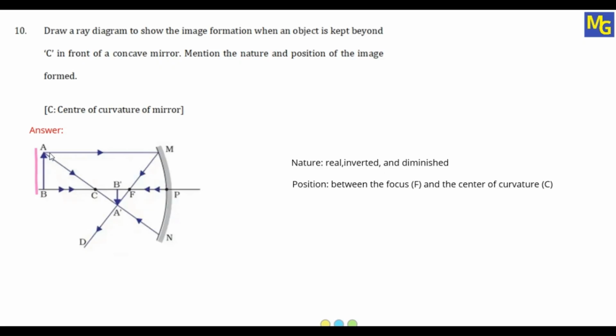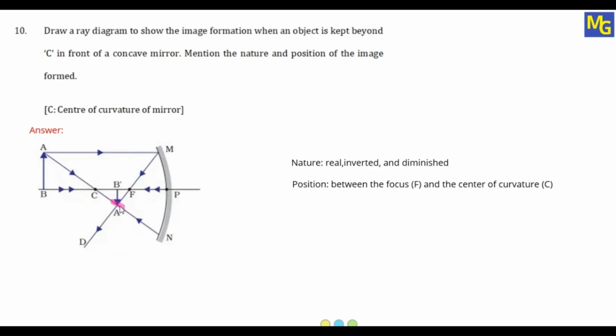The light ray which is coming parallel to the principal axis will go and hit the mirror, and after reflection it will pass through the focus. Then the ray which is coming from the center of curvature will hit the mirror, and after reflection it will go back in the same direction, and the reflected rays will intersect at the point called A dash.